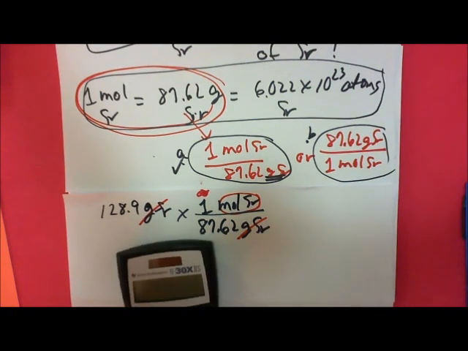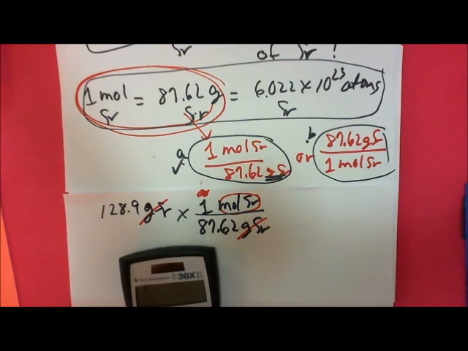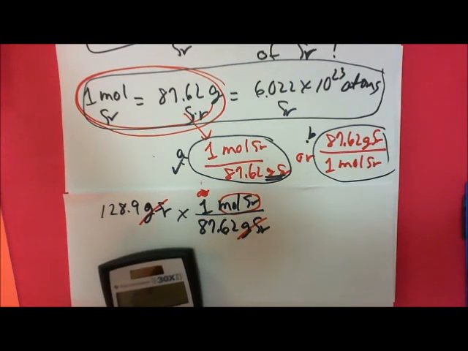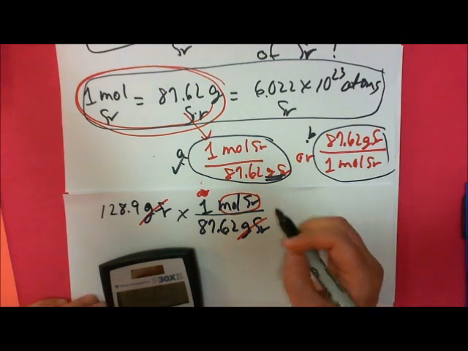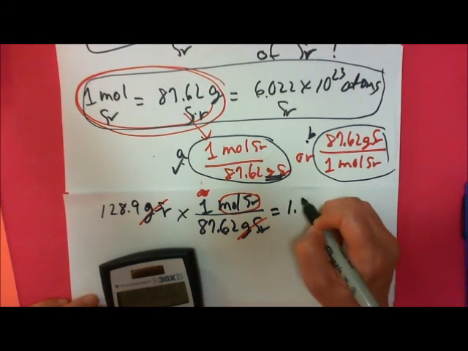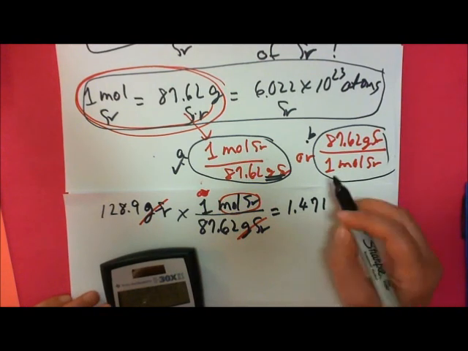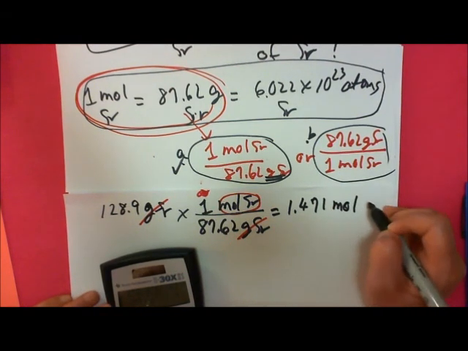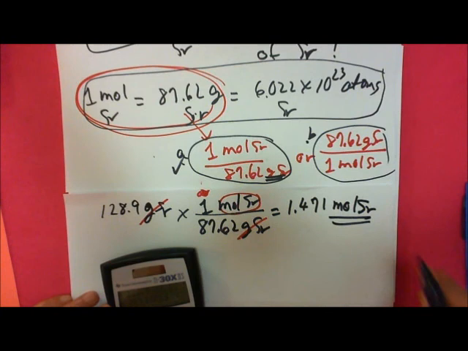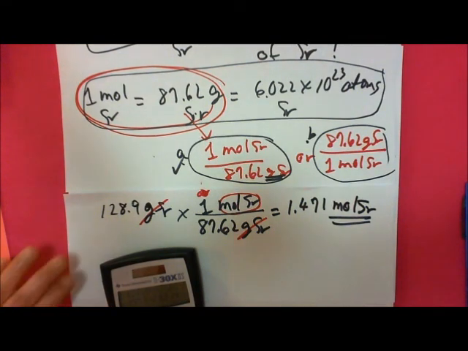I'm going to put in 128.9 and then divide by 87.62, and I'm going to end up with 1.471 moles of strontium.